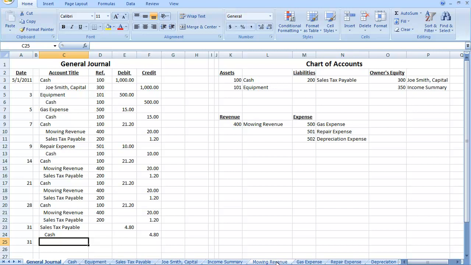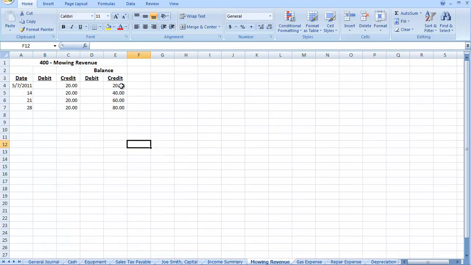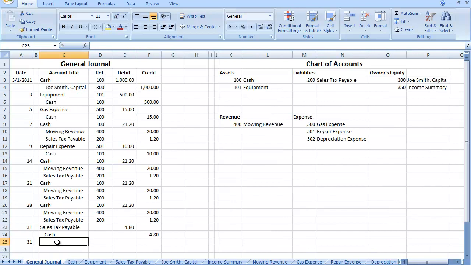So on the 31st we need to close our revenue account into our income summary. To do that, we're going to go to mowing revenue here, and we see that our balance is $80 credit. Well, to make revenue zero, we need to debit mowing revenue for $80. So we'll go back to our general journal, we'll put mowing revenue, and we'll debit it for $80.